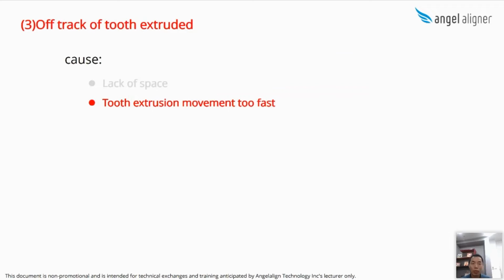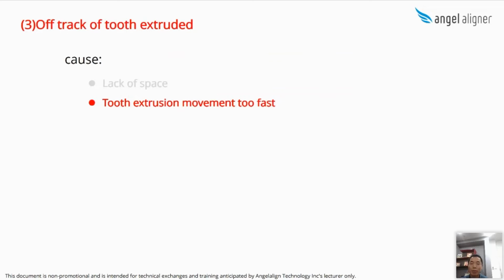And the second cause: if the extrusion movement is too fast, that means more than 1.2 millimeters per stage, the tooth may be at risk of tracking problems. You can see the movement step in the tooth movement data in ISO.